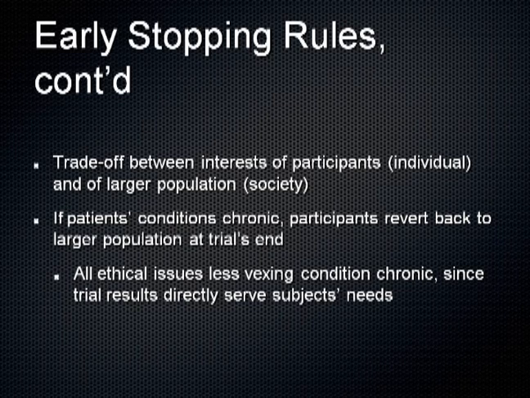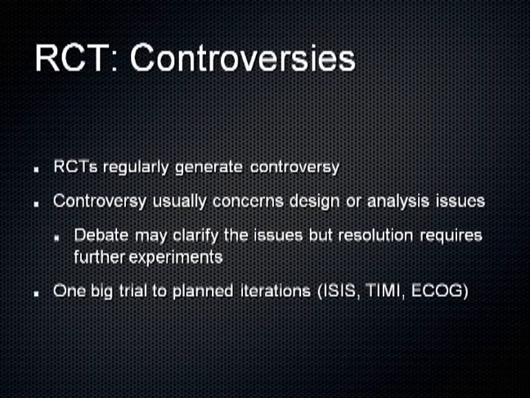If the patient's conditions are chronic, patients revert back into the general population and they benefit. All ethical rules are less vexing if the condition is chronic because the trial results directly serve the subject's need. In a diabetes trial, it doesn't matter that much if you don't get efficacious treatment for a couple of years. That's not true if you have AIDS in 1985 or pancreatic cancer.